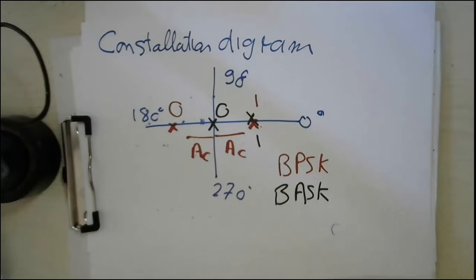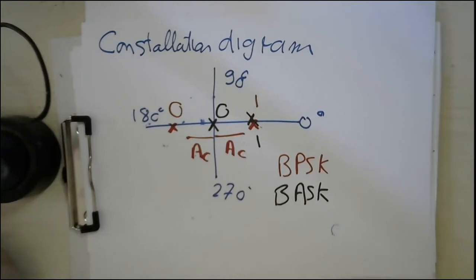Maybe it's too trivial to plot the constellation diagram for binary phase shift keying and binary amplitude shift keying. However, in the next lecture, whenever we are dealing with quadrature amplitude modulation, the QAM modulators, it will make sense to have such a constellation diagram in order to represent different amplitudes and different QAM modulators.